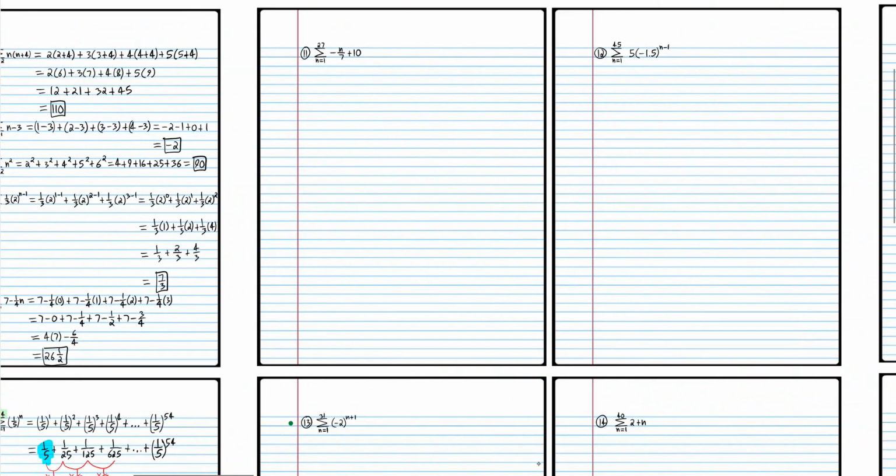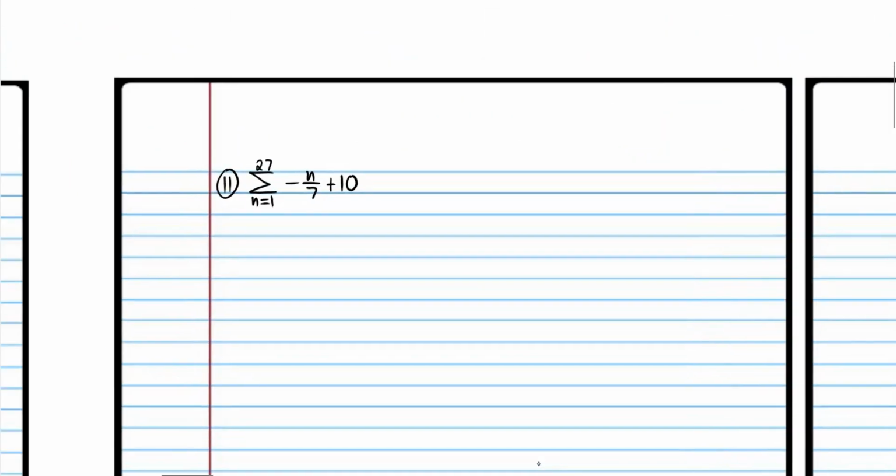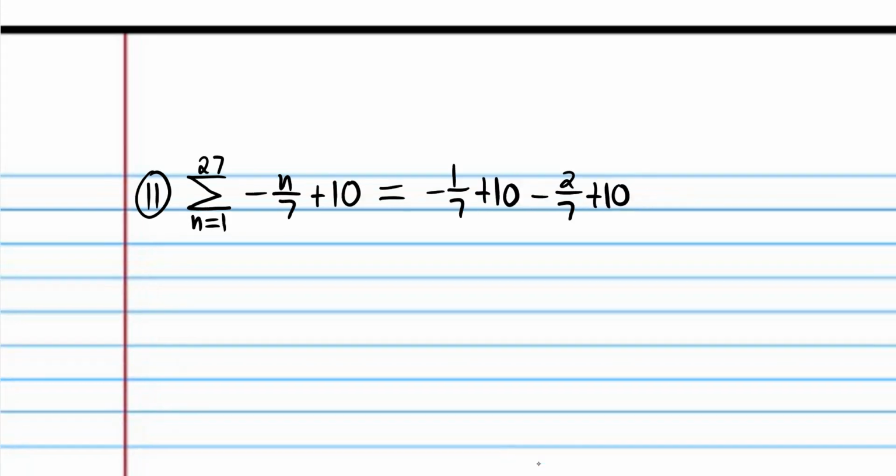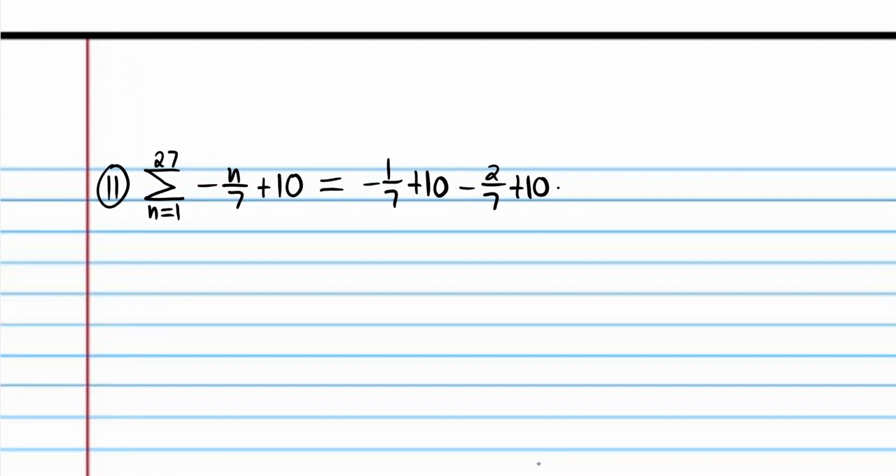So let's try a couple more of these before you try one on your own. So we need to see what type of sequence this is. So we're going to write the first 3 or 4 terms.